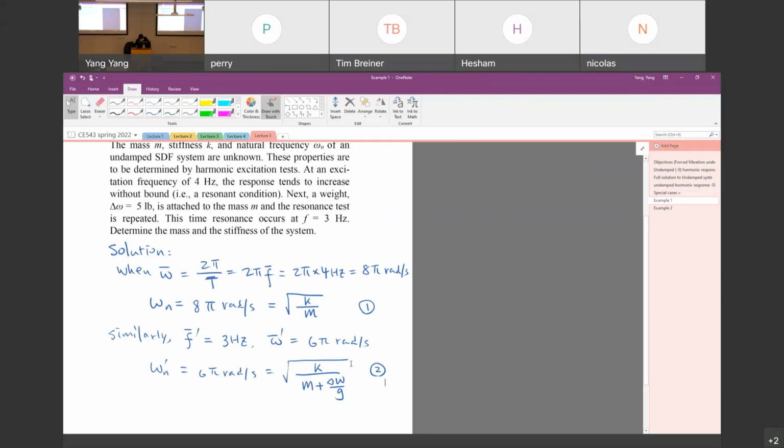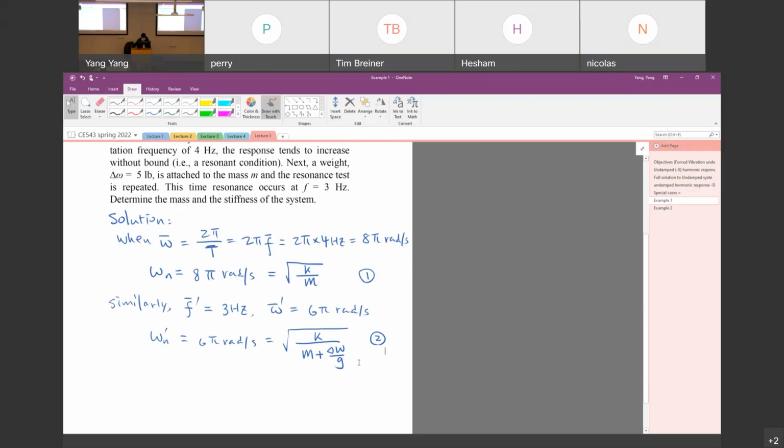Does this make sense? So we have 2 equations here. How many unknown variables here? K is unknown, M is unknown, where delta Q and g are known to us. 2 equations, 2 unknown variables.